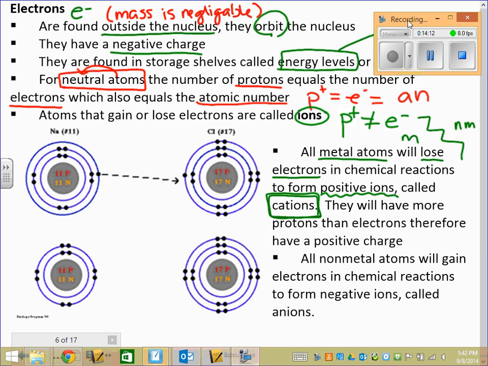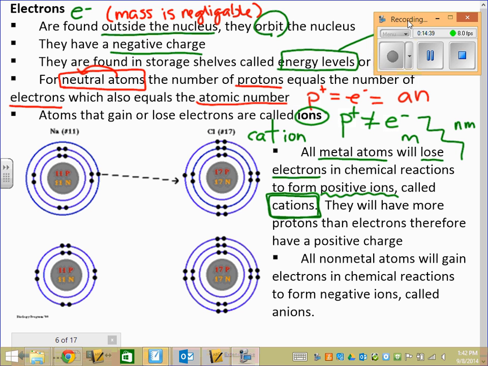Something that I used in the past to remind myself whether cation was positive or negative was to remember that a T kind of looks like a plus sign. You can use whatever you want to remind yourself, but that was my way. So metal atoms lose electrons in chemical reactions to form positive ions. When something is a positive ion, it is called a cation.